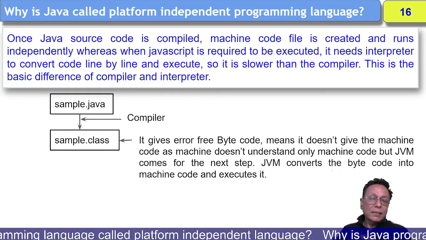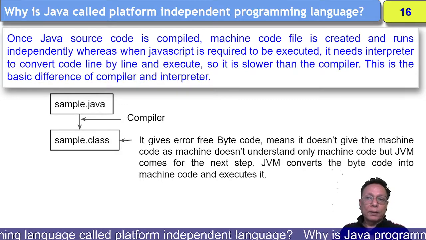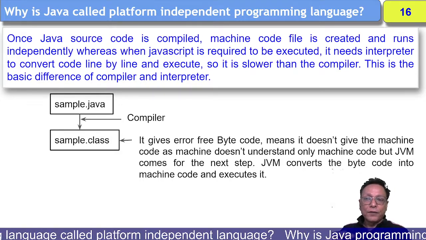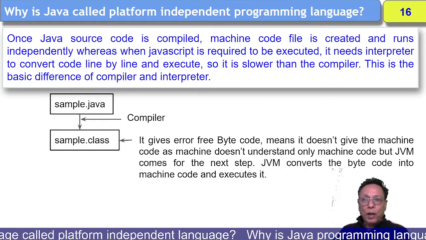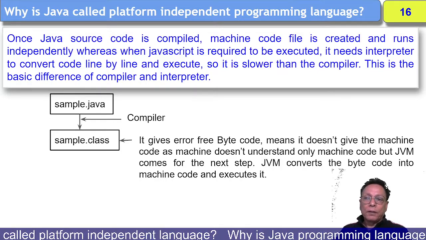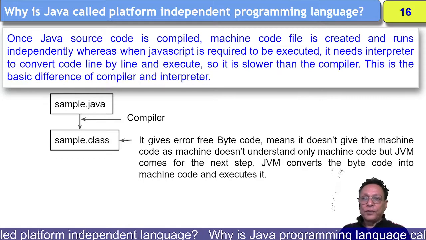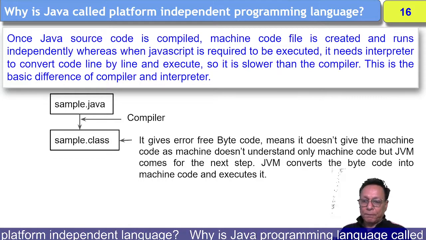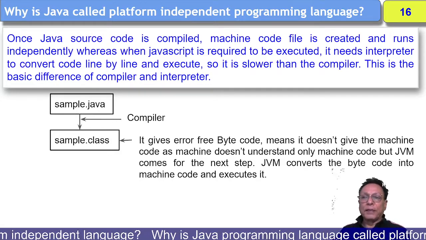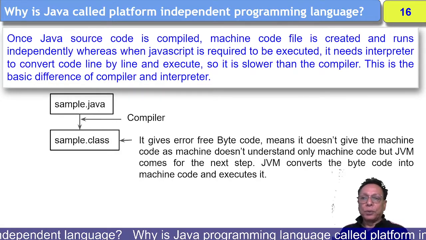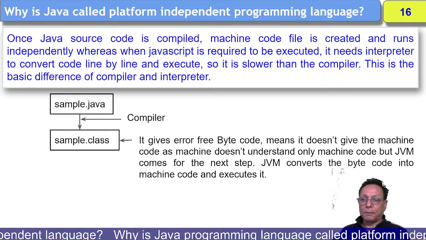In this case, one more program comes into existence, which is known as the JVM, Java Virtual Machine. After compilation, the role of the JVM starts. What does the JVM do? It converts the bytecode into machine code and executes it.